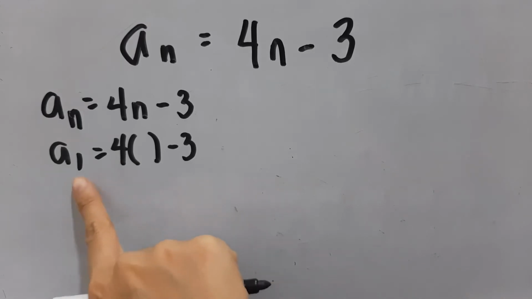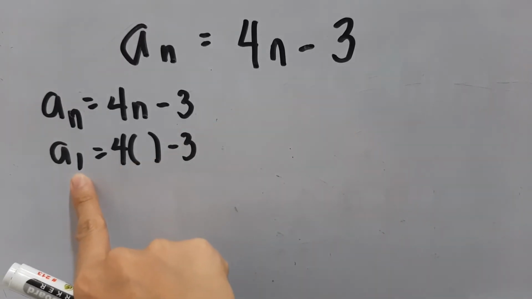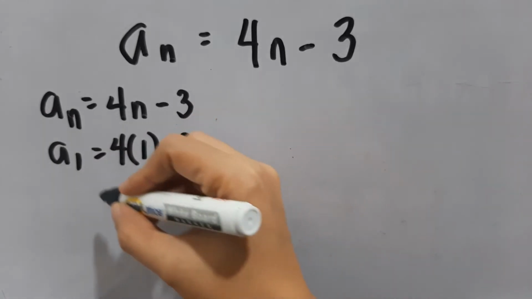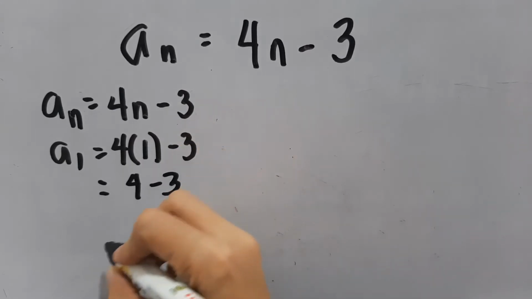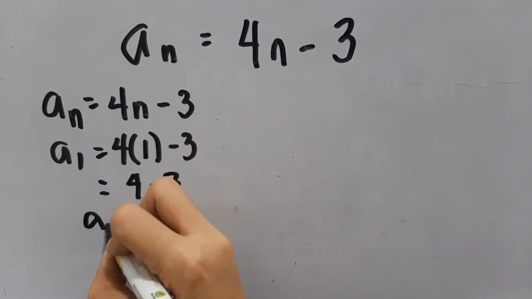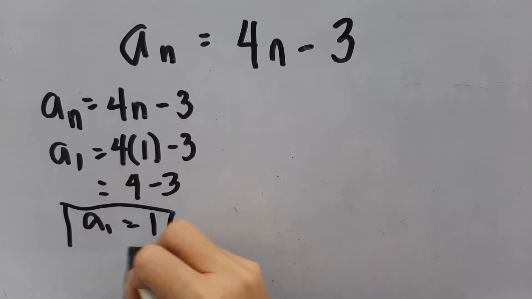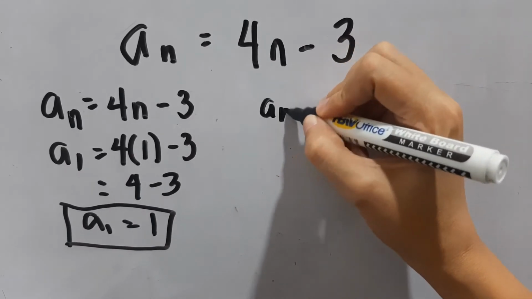Sabi ko, diba, lagi magkapareho ang dalawa. Yung subscript niya na 1 at saka yung n dito. Pareho. So, 4 times 1 is 4 minus 3. So, ang first term natin equals 1. Next, let's proceed to the second term.